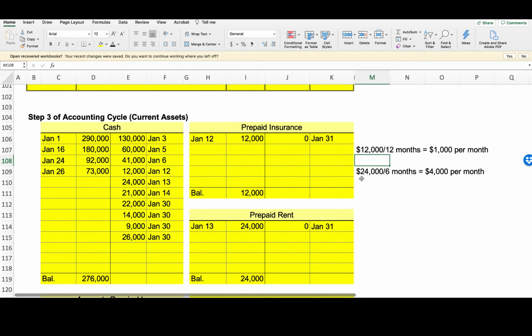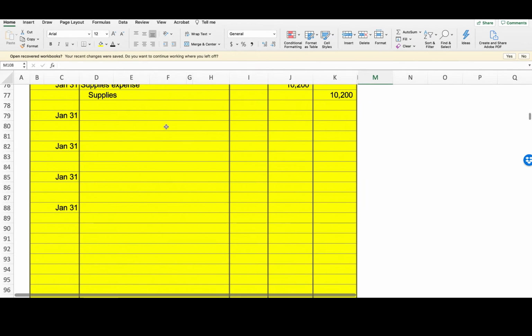I used up 1 month's worth of rent, so prepaid rent has to come down by 4,000, so I'm going to credit prepaid rent. Since I used up that 4,000 worth of rent, then that's going to be rent expense. So my journal entry for those two entries are going to be debit to the insurance expense, debit to rent expense, credit to prepaid insurance, credit to prepaid rent. And the insurance expense was 1,000 here and 1,000 here, and the rent expense was 4,000 and 4,000.